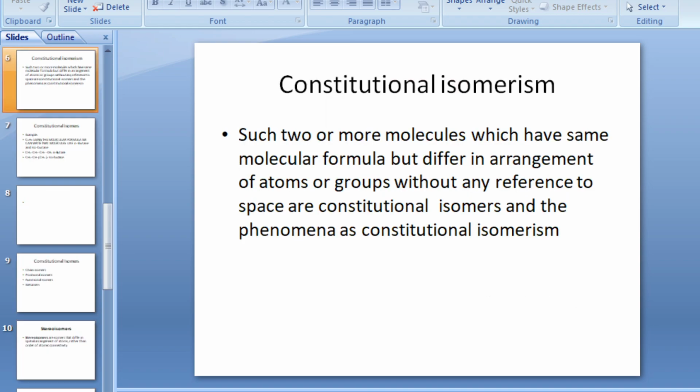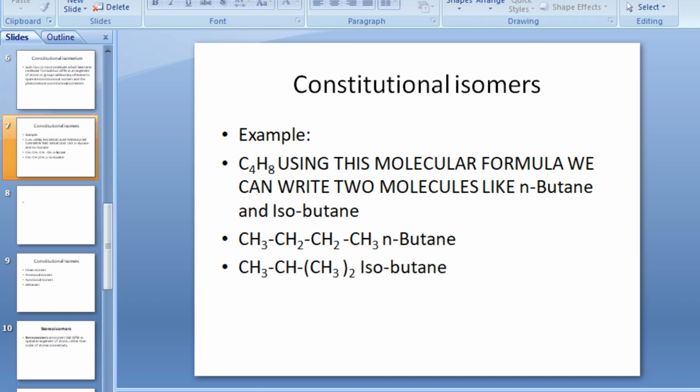Definition wise, two or more molecules we consider, they have same molecular formula, but these molecules will differ in arrangement of atoms or group of atoms, and there will not be any reference to spatial arrangement, only arrangement of atoms will consider. And such phenomena is a constitutional isomerism, and the isomers are referred as constitutional isomers.